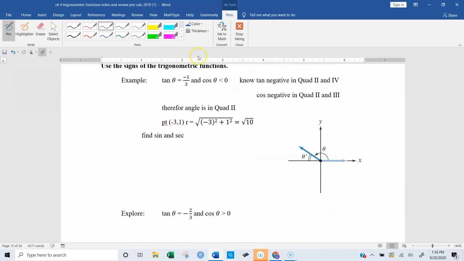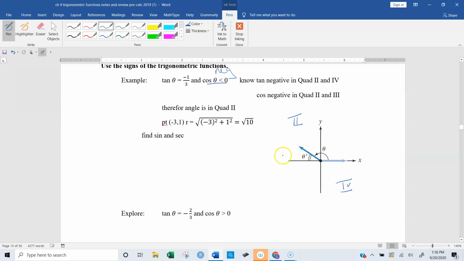All right, let's go here. Use the signs of the trig functions. So I know the tangent of theta equals -1/3. Tangent is negative in quadrant 2 and in quadrant 4. Now it says the cosine of theta is less than 0, meaning negative.